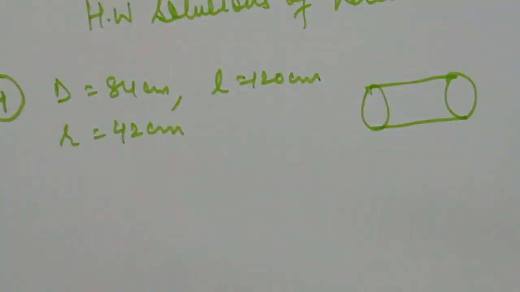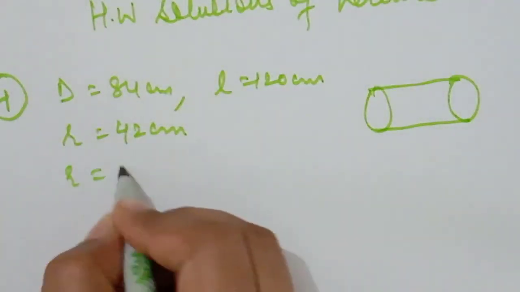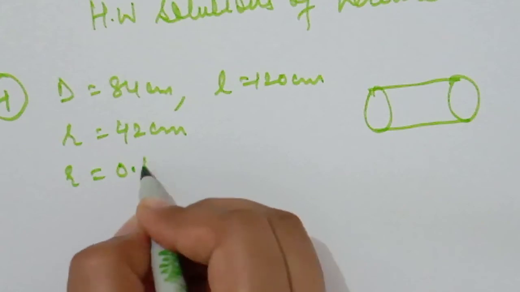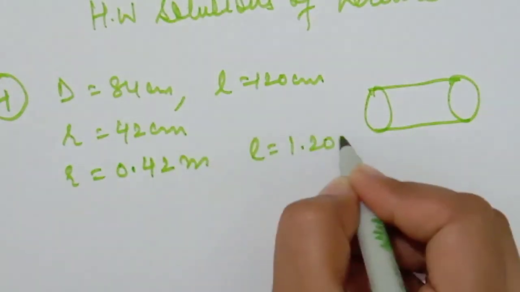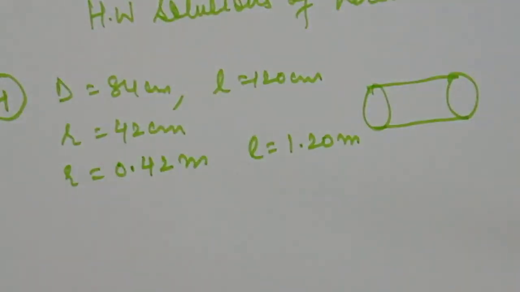Now, because he clearly said to find the area of the playground in meter square, we have to change our units to meter. Radius is 0.42 meter, and the length is 1.20 meter.